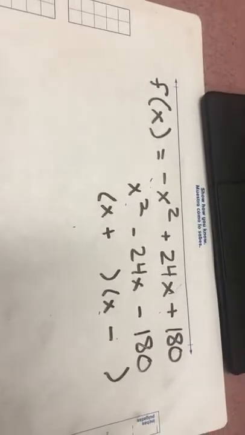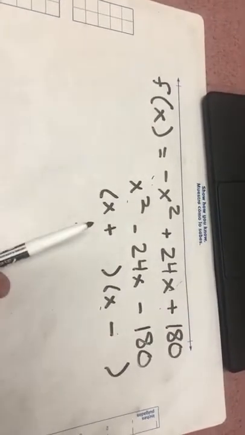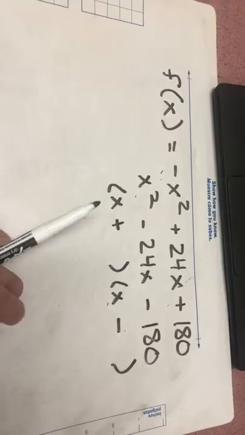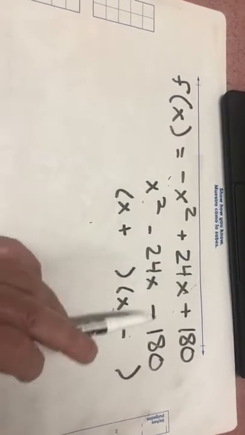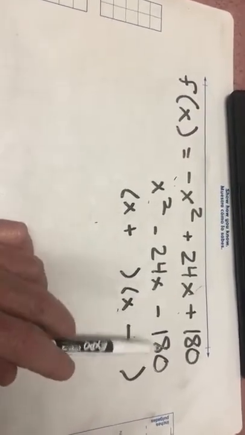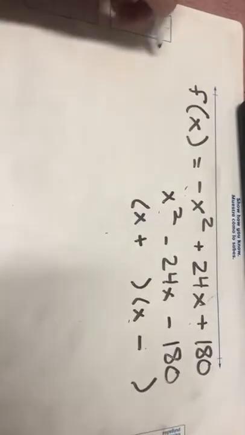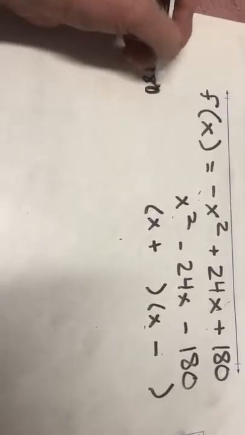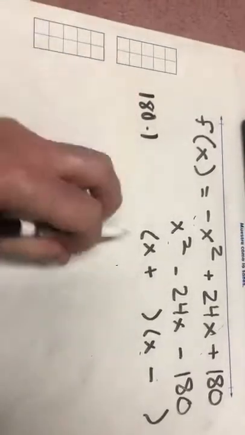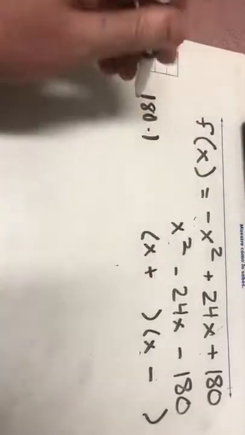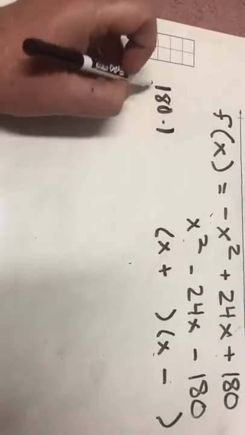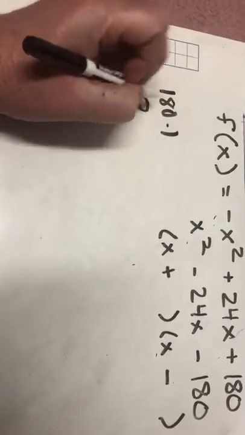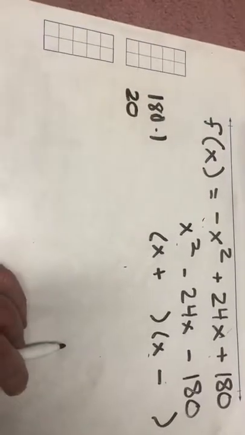So now I've got to think, okay, what needs to happen, because I need two numbers that multiplied together equal negative 180. Well, what could that be? Could be 180 times 1, but that's not anywhere near a difference of 24. I know that 2 can go into 18, so that tells me that 20 can go into 180. And so that would be 20 times 9.